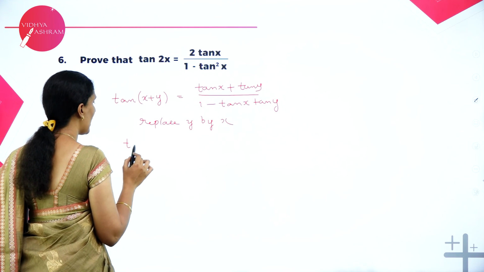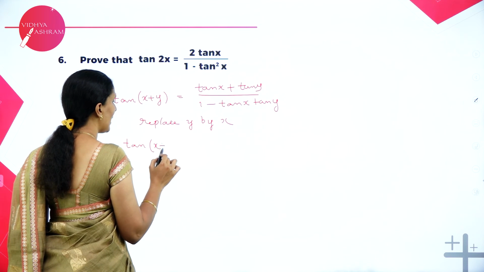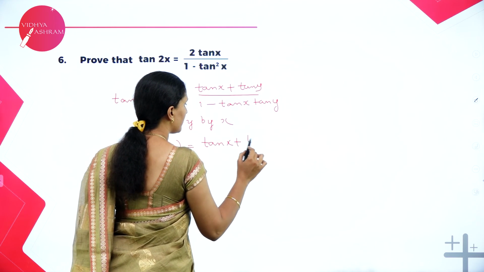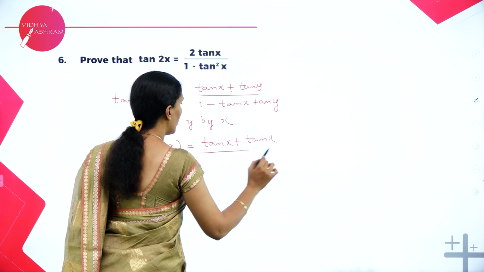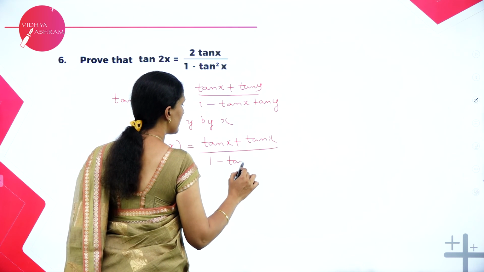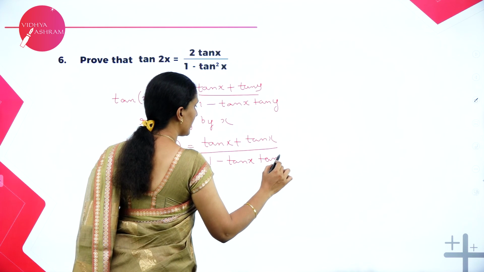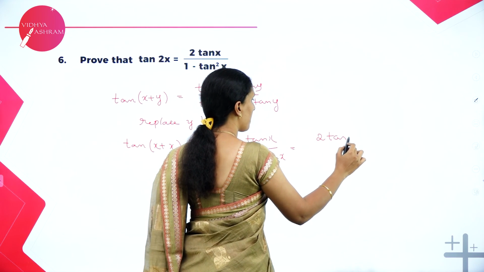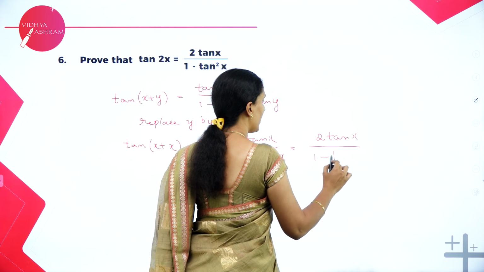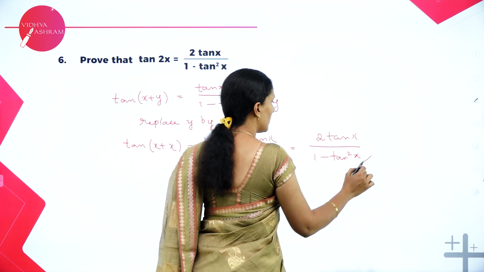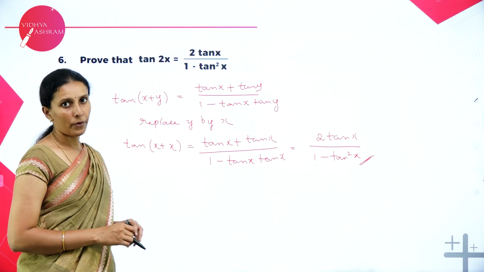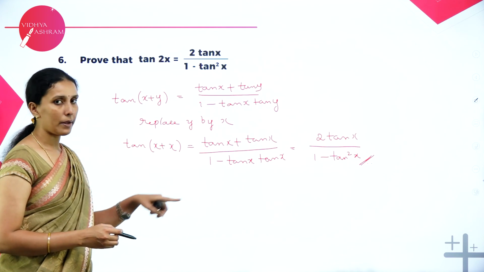So, we will get tan x plus x as tan x plus tan x, whole divided by 1 minus tan x into tan x. This can be written as 2 tan x divided by 1 minus tan square x. So, this is how we get the multiple angle in terms of compound angles, just replacing y by x.